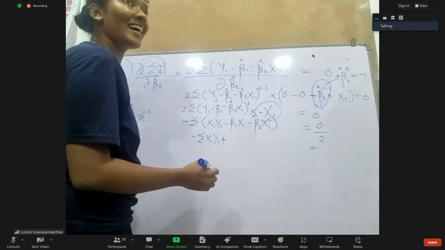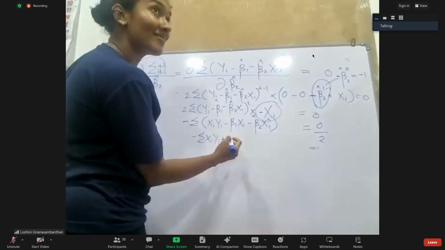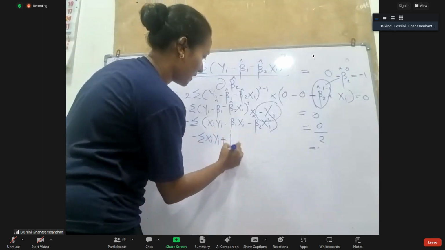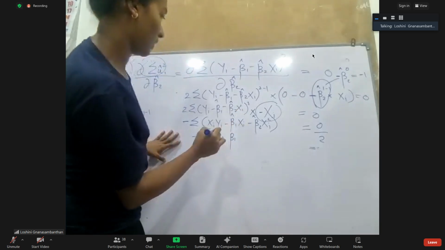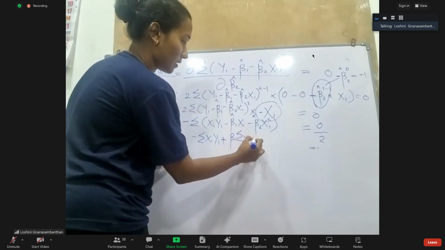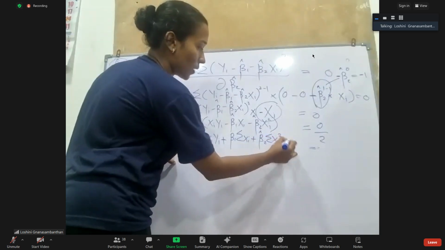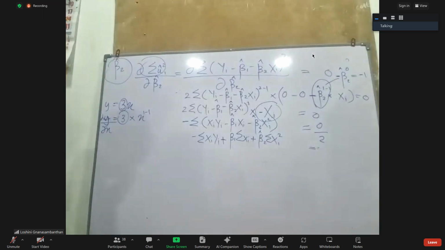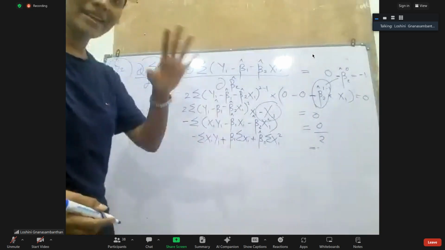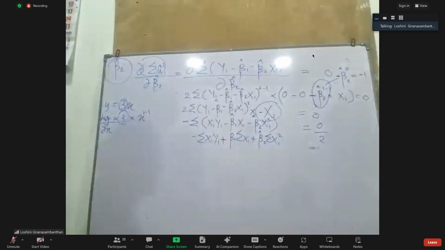So plus beta 1 hat sigma xi plus beta 2 hat sigma xi square. Now here these constants are not alone, that's why n didn't come. It got in the form of sigmas, right?